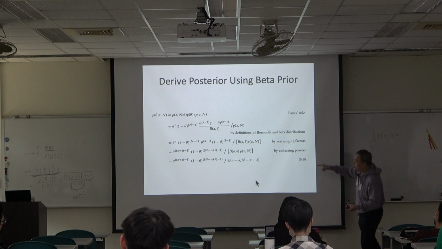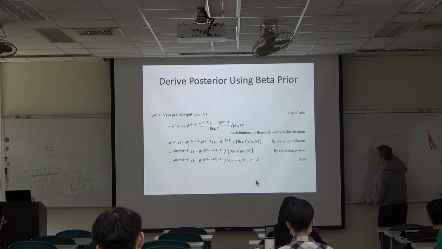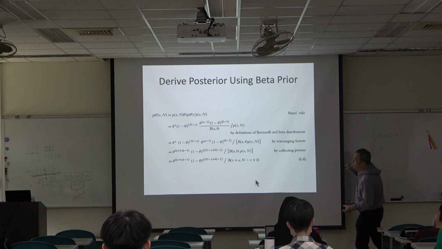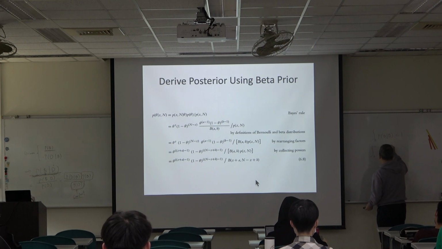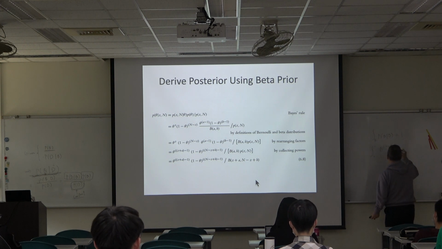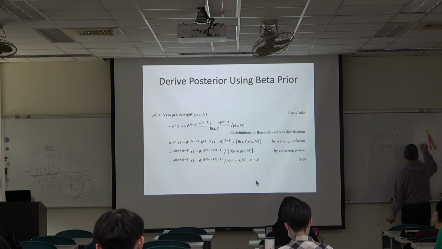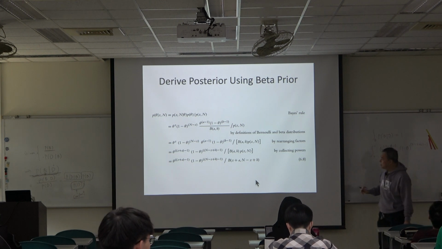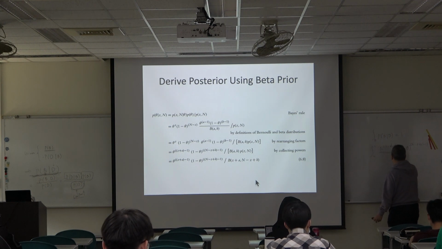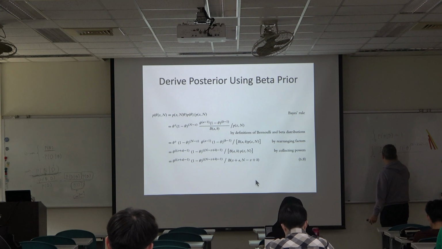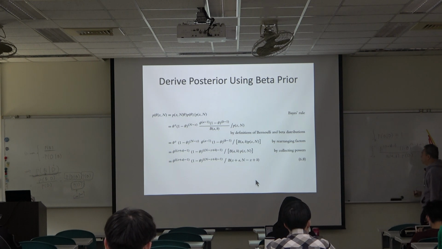And then we have theta to the power of z plus a minus 1, times 1 minus theta to the power of n minus z plus b minus 1, and then divided by the capital B(a, b) times P of D. Let me just abbreviate it as D. And then don't forget we need a d theta.